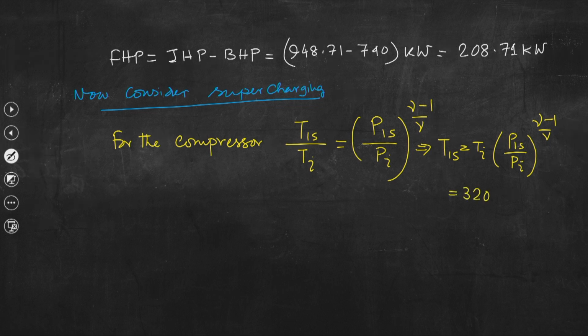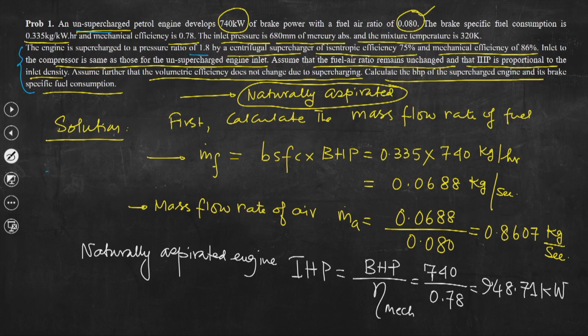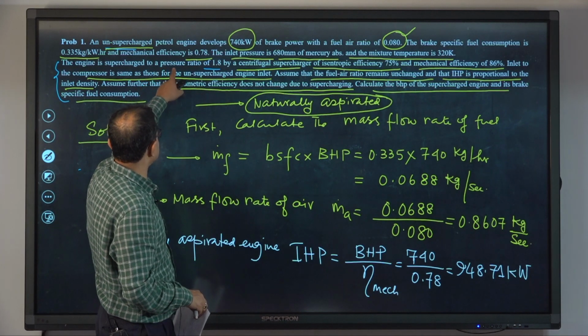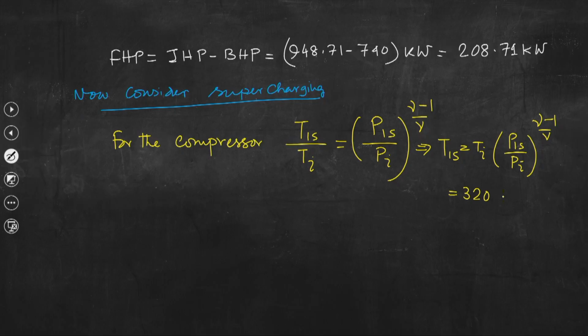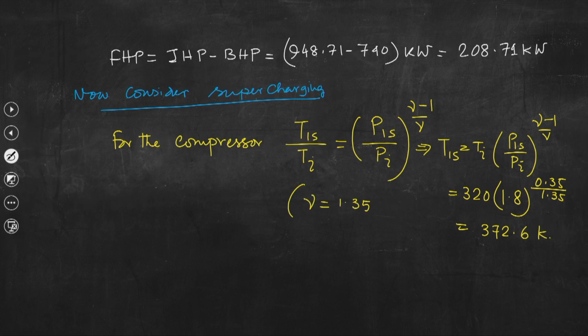This P1s by Pi is the pressure ratio. If we go back to the problem statement, the engine is supercharged to a pressure ratio of 1.8, that means P1s by Pi is 1.8, and the value of gamma is given as 1.35. So, this is 0.35 divided by 1.35. If we calculate it, it is coming as 372.6 Kelvin.